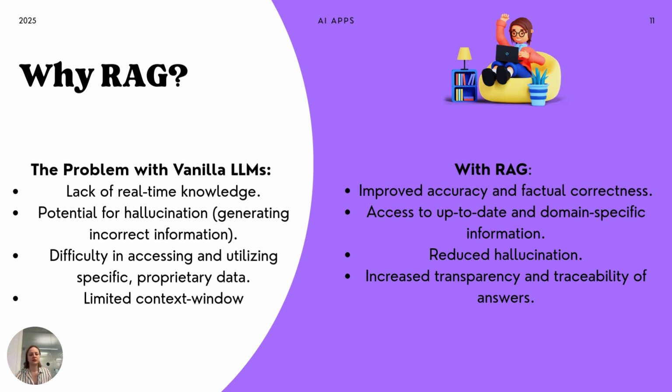It's your way to extend the context without sending all of your data to the LLM. Especially if it's proprietary, some kind of specific data, you want to have full control over it.